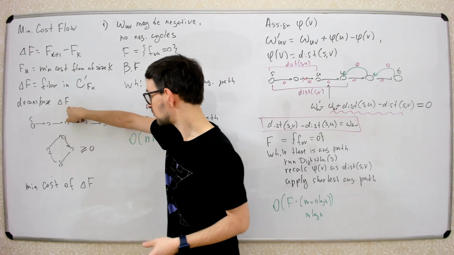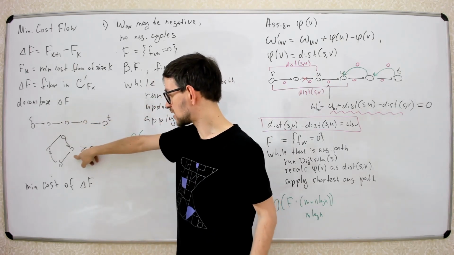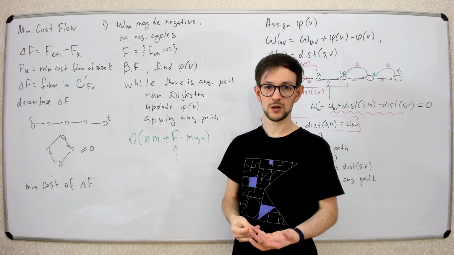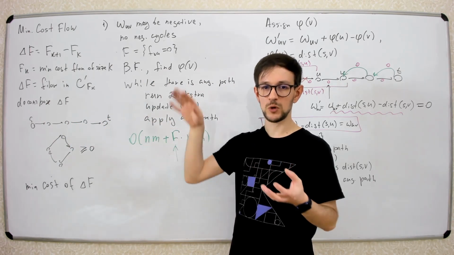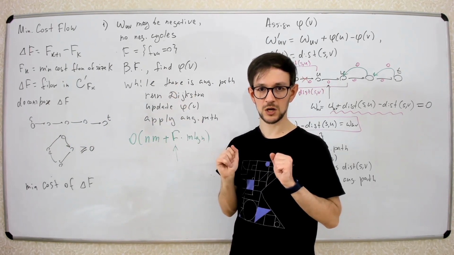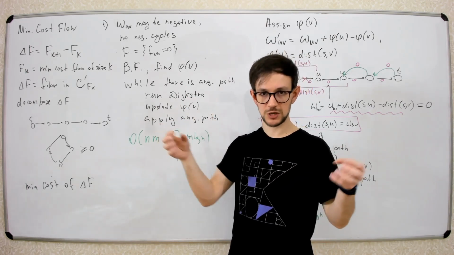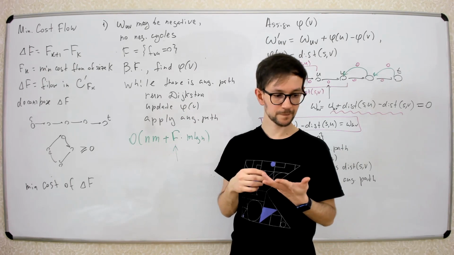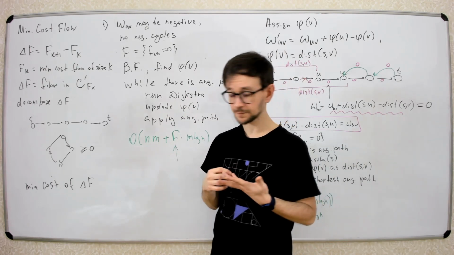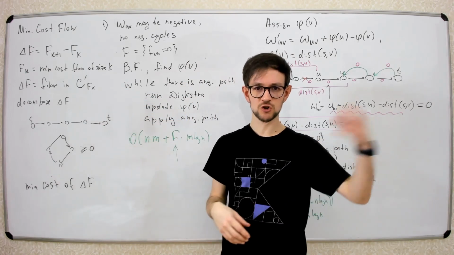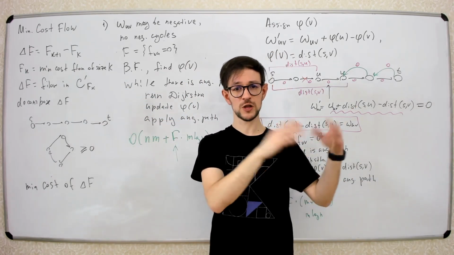So my delta f shouldn't contain any cycles and should contain only one path from S to T. That's why the difference between two consecutive min cost flows is just one path from S to T in the residual network. Again, this shortest path is not in the initial graph. It's the shortest path in the residual network.